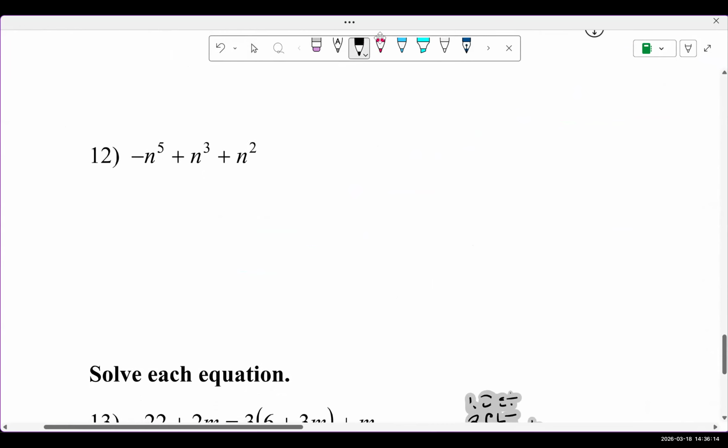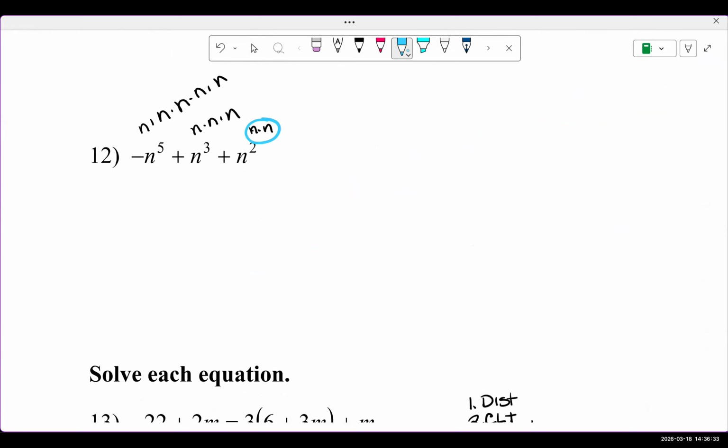Number 12. So we have n times n, n times n times n, n times n times n times n times n. Okay, what is the greatest common factor? N squared.